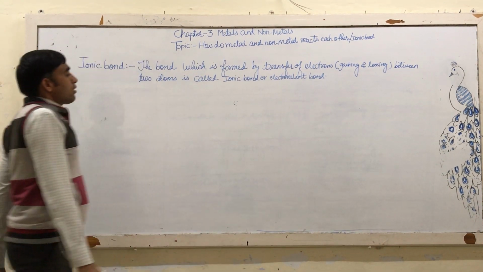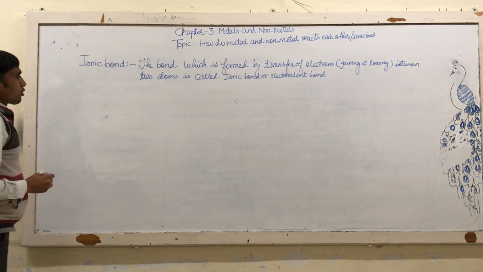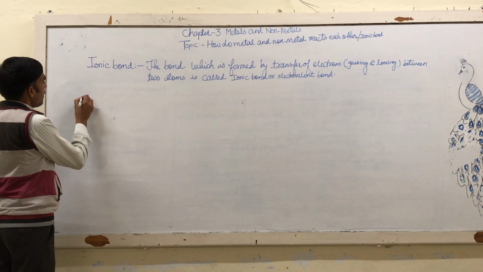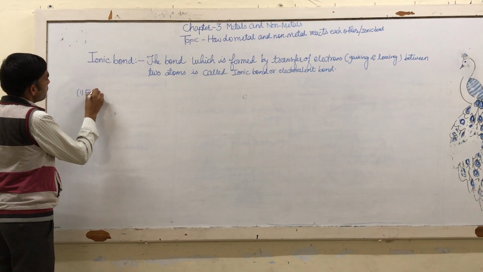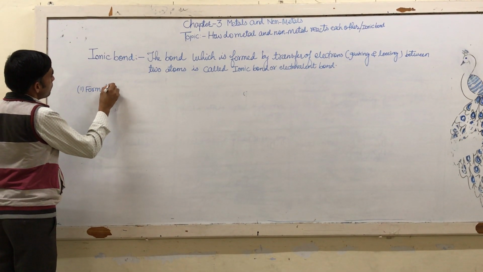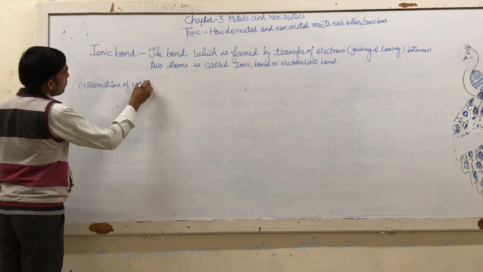To explain the formation of this bond, we will take some examples. First of all, formation of NaCl, that is sodium chloride.